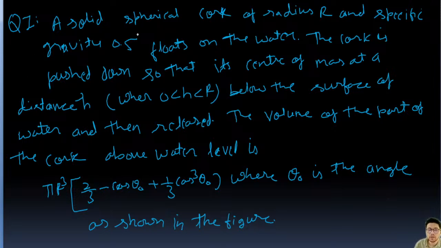Okay, so a solid spherical cork of radius r and specific gravity 0.5 floats on the water. The cork is pushed down so that its center of mass is at a distance h below the surface of water.